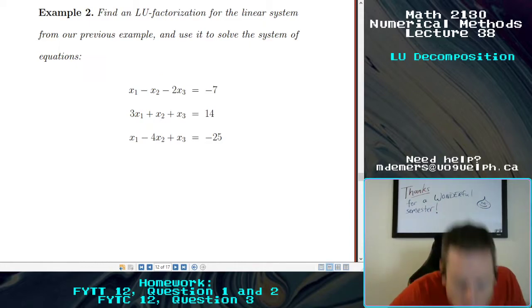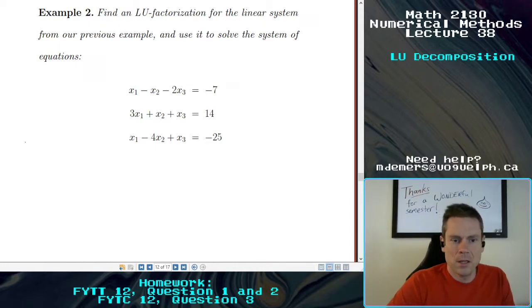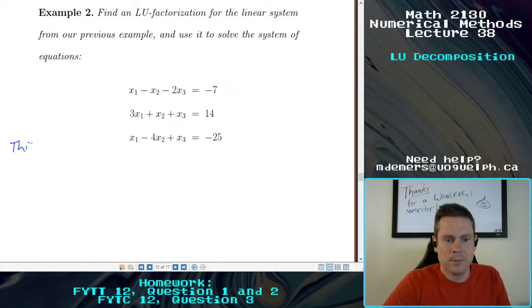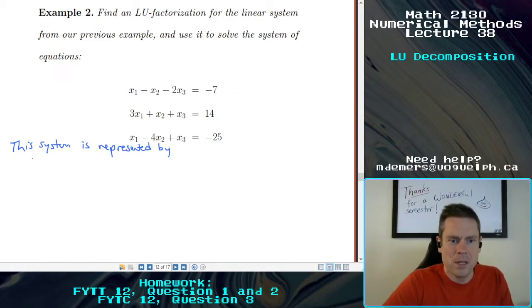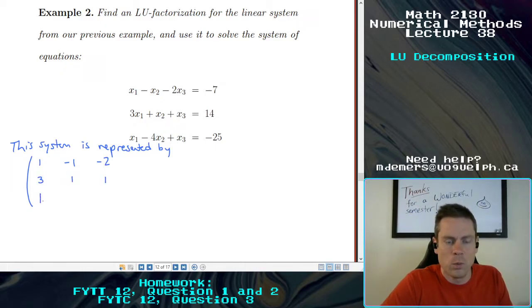So this system is represented by, I'll write it out one more time, and I'll show you the difference in this approach. So 1, -1, -2, 3, 1, 1, 1, -4, and 1, augmented with -7, 14, -25.